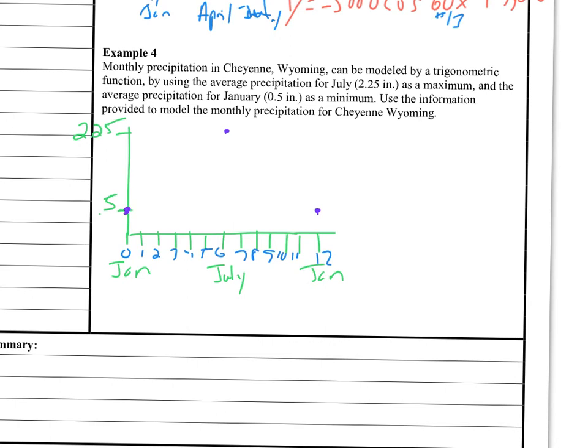In between, halfway, have our nice line right here. Halfway between 0 and 6 is going to be right at 3. Halfway between the 6 and the 12, July and the next January, is going to be 9. Play connect the dots.